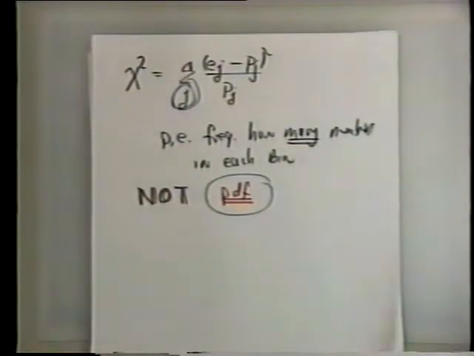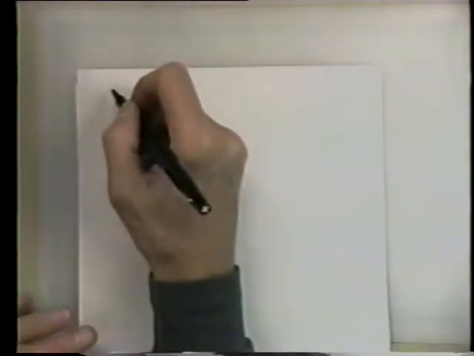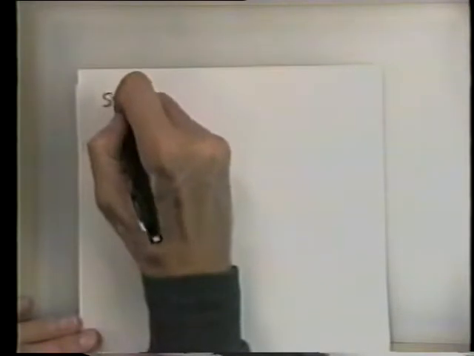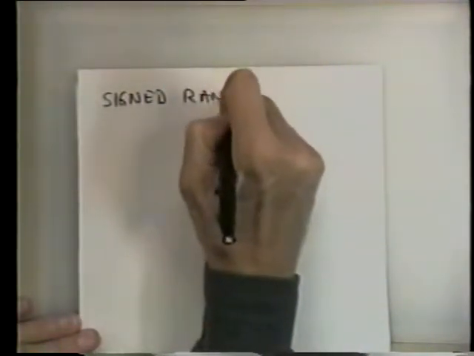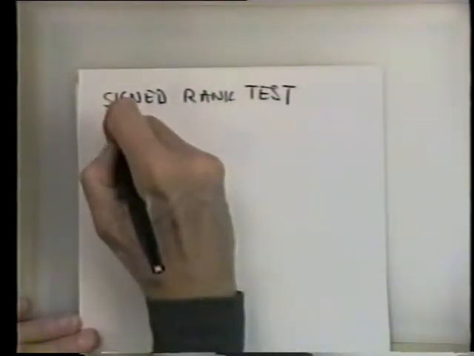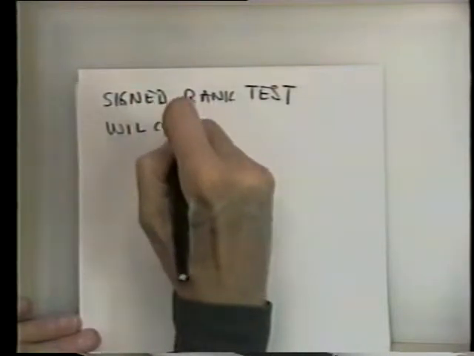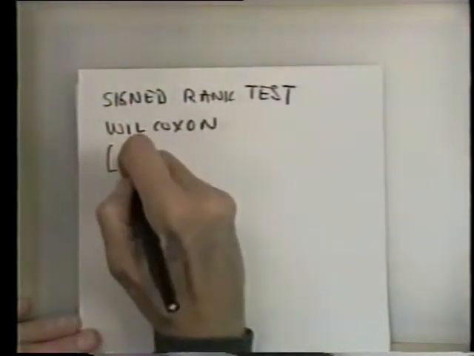Okay. So we're continuing right along to these non-parametric paired tests. And the next one has a number of different names and slightly different variations under each name, but I'll describe them all together. It's called the signed rank test, and is also called the Wilcoxon test, and is really related to another test. It's very similar.